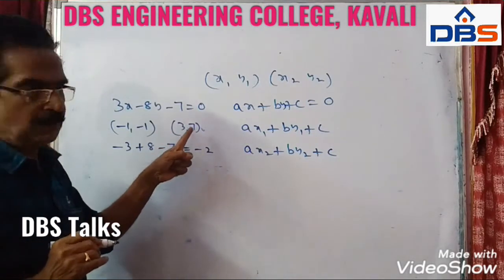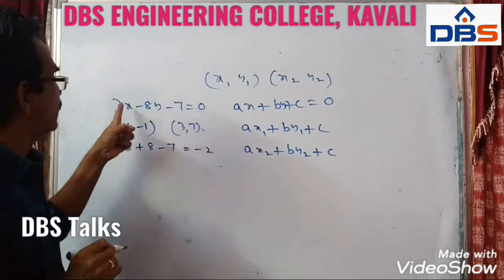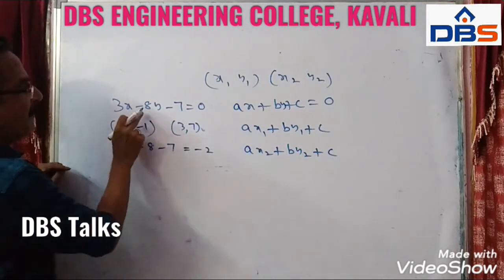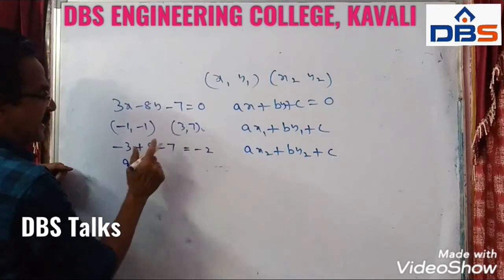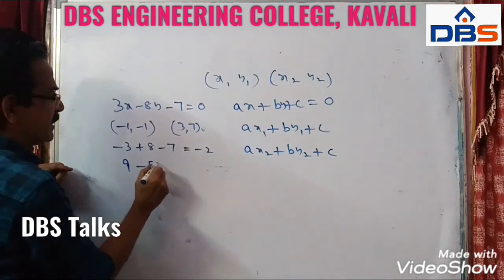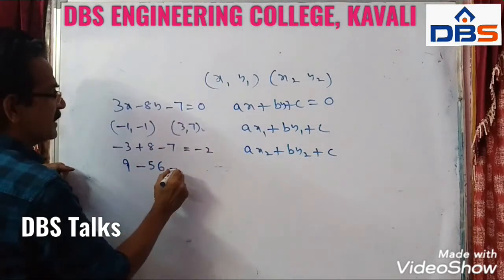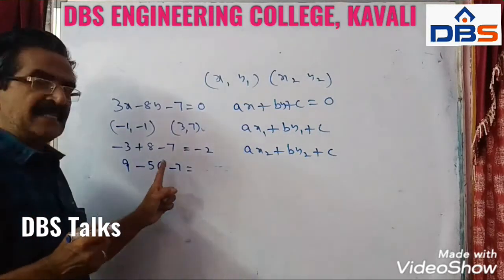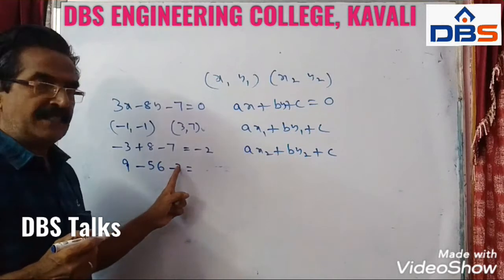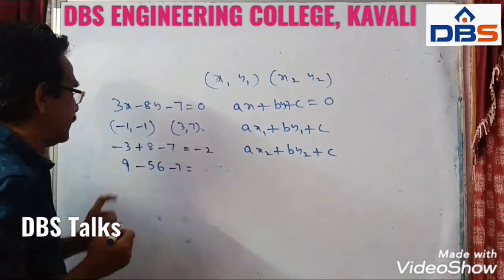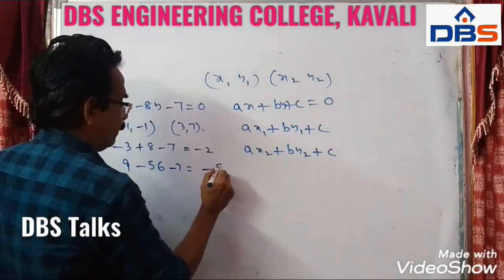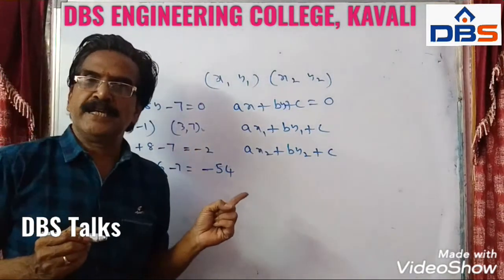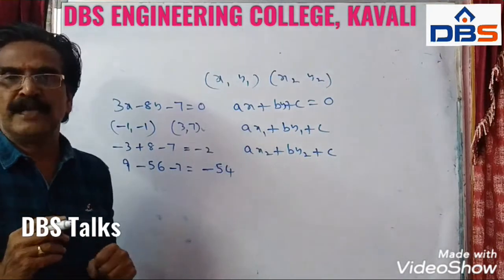Let us substitute 3, 7 in this line. 3 3s 9, minus 8 7s 56, minus 7, that is 9 minus 56, minus 47, minus 7, minus 54. So both have the same sign.